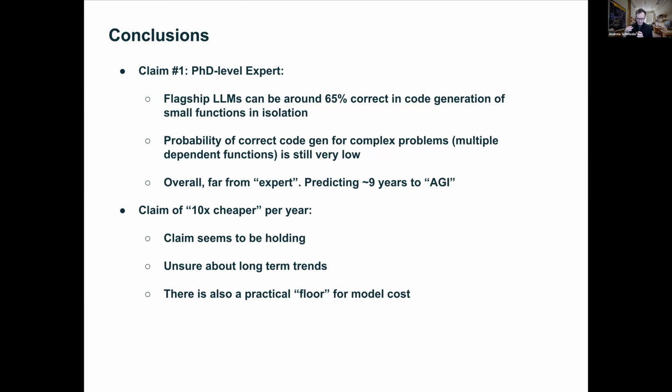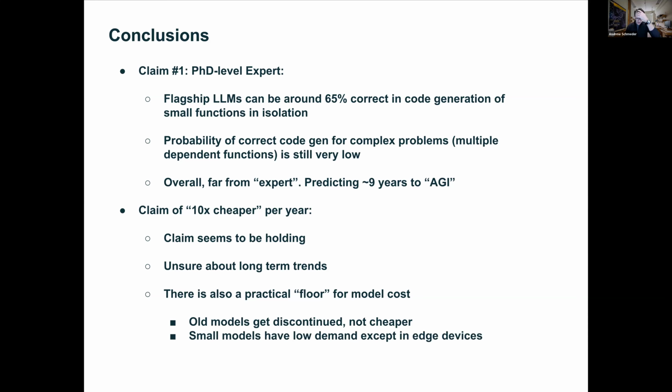There doesn't seem to be a market for the hyperscalers to provide extremely cheap access to tiny models. They prefer to provide access to bigger models, and the old models just get discontinued. They don't get cheaper. And small models are not really viable for cloud inference, but maybe you'll see them on edge devices or something else.